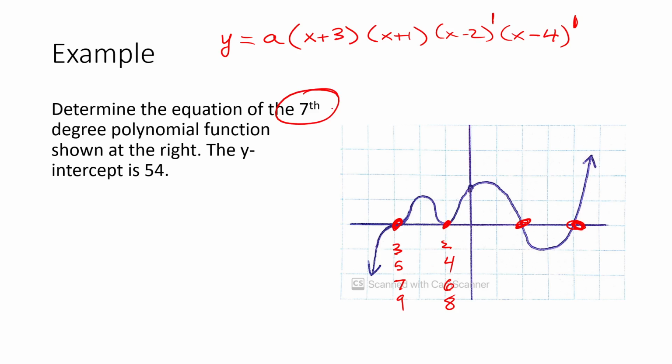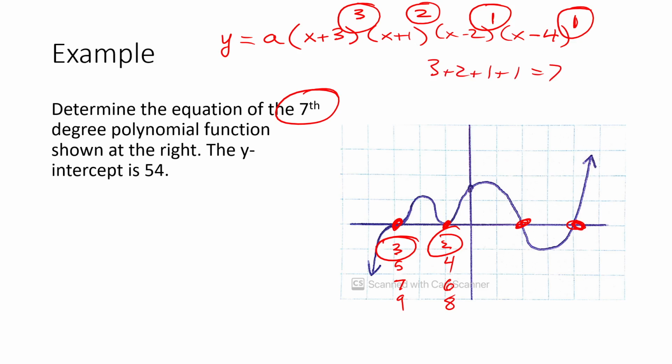And so the only way that we could have the exponents on the x-intercept factors not exceed 7 is if we have a 1 at x equals 4, a 1 at x equals 2, a 2 at x equals negative 1, because that's one of our options, and a 3 at x equals negative 3, because that's one of our options. If we add those exponents up, we get 3 plus 2 plus 1 plus 1, which equals 7. And that's a possibility for our factors.